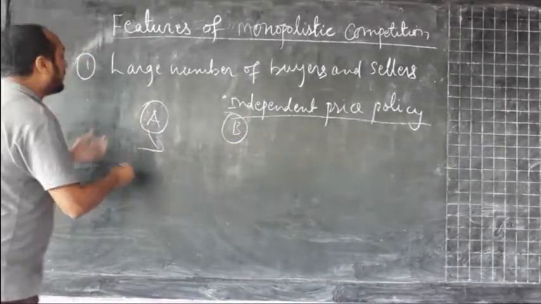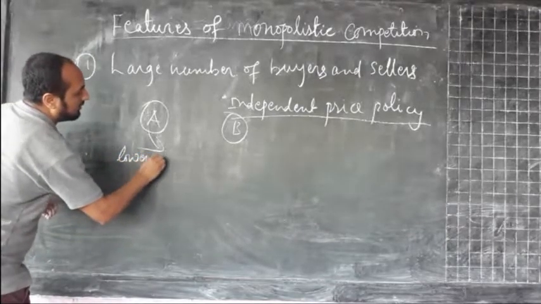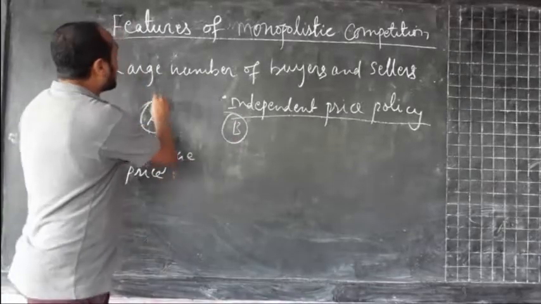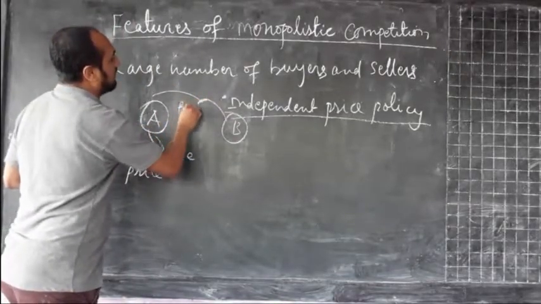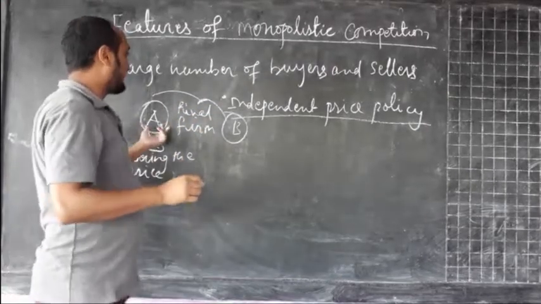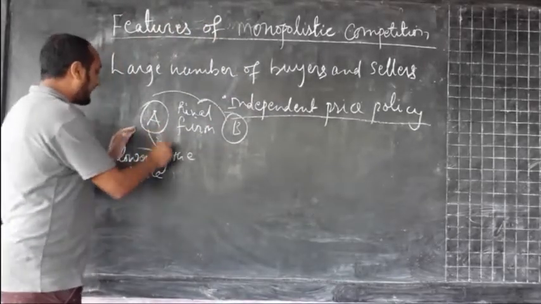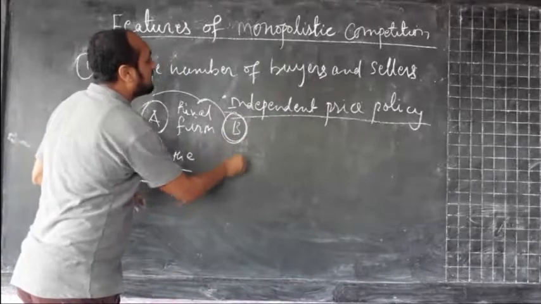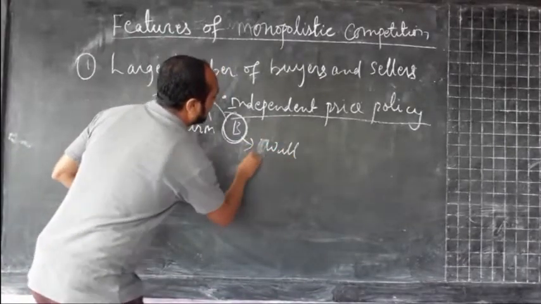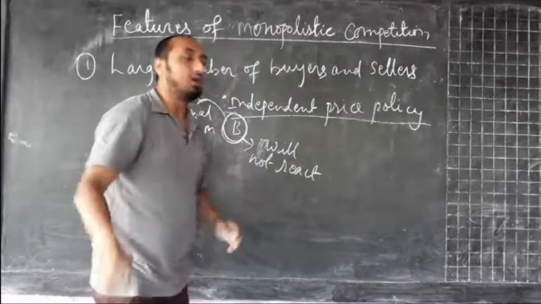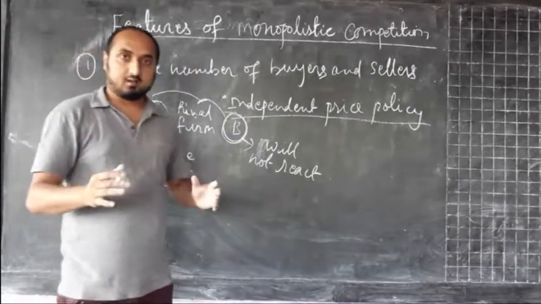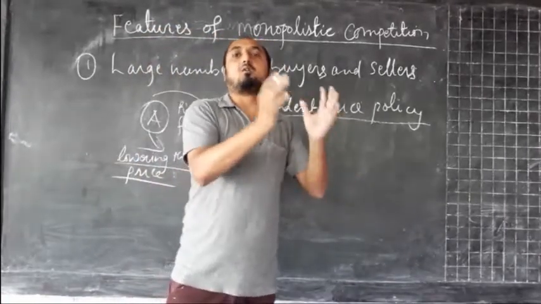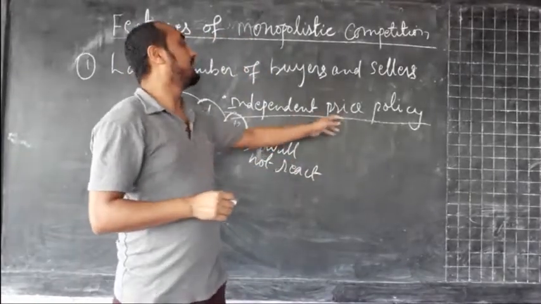If firm A is lowering the price of its product, firm B will not react to the decision taken by firm A. Whatever decisions firm A takes, firm B will not react on the basis of them. That is called independent price policy.